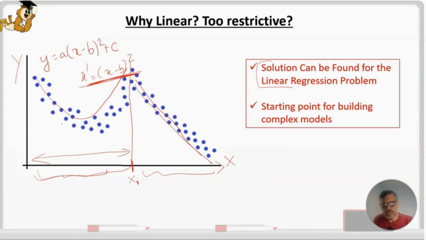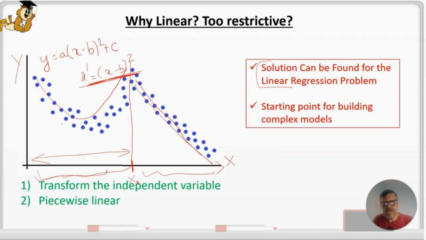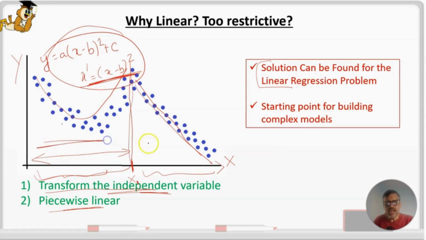What I'm trying to say, therefore, is that you have a few tricks up your sleeve in any case. You can transform the independent variable. This is one trick that we used over here. Since x is an independent variable, you can transform it and see if that helps you get to linearity. And the second thing is piecewise linear, where you break the problem into two separate problems and deal with the two separate problems separately.